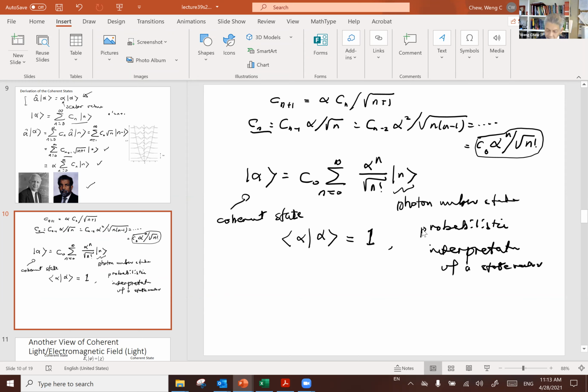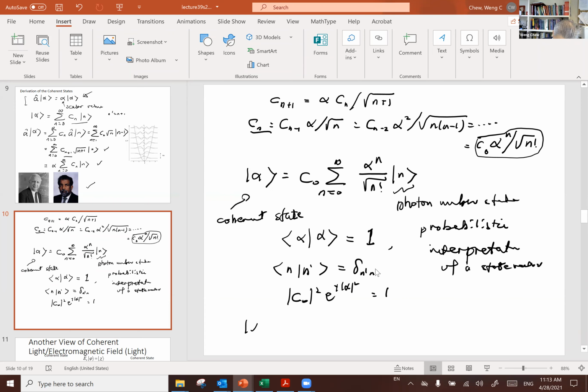So actually there are lots of things to digest here. Okay, you have to learn about probabilistic interpretation and so on. So you can actually find C0 using this normalization condition. And if you plug that in, and further use the fact that the photon number states are orthonormal, that they're given by this Kronecker delta function, you can find that C0 squared times e to the plus alpha squared has to be 1.